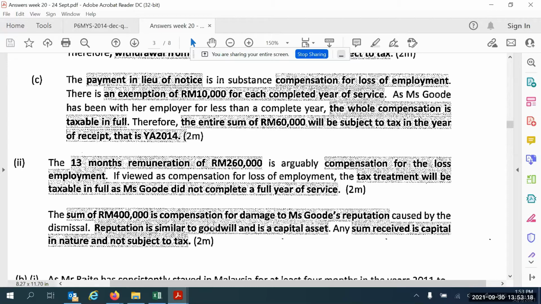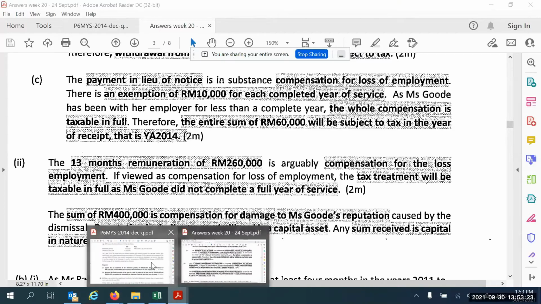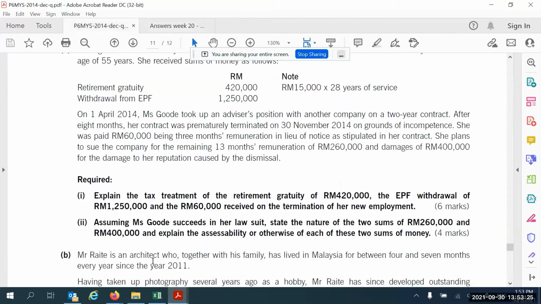So when you look at A, A1 is okay. A2 says explain the accessibility, which means the same thing: is it taxable or not taxable, and so on.